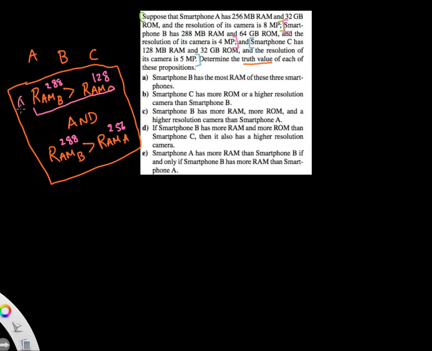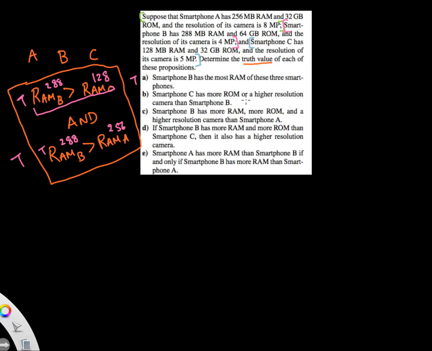I'm using 1 to indicate my truth value, or to be simpler, let's just make this a capital T, indicating this is true. And likewise, this inequality also is true, and true and true gives you back a true for the entire outer box, which represents A. So this is true.